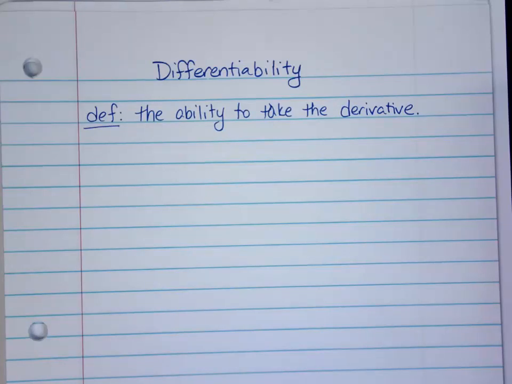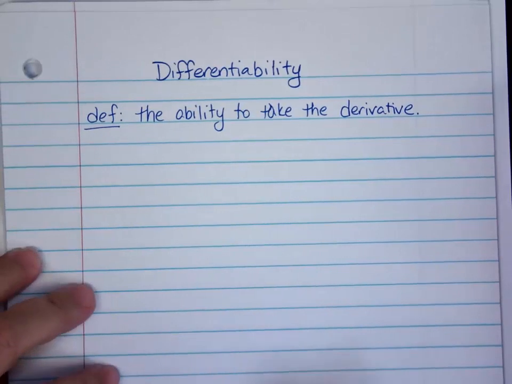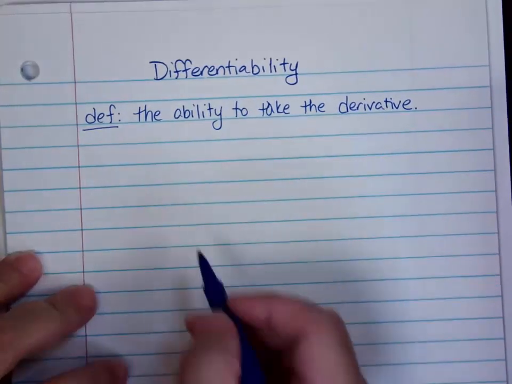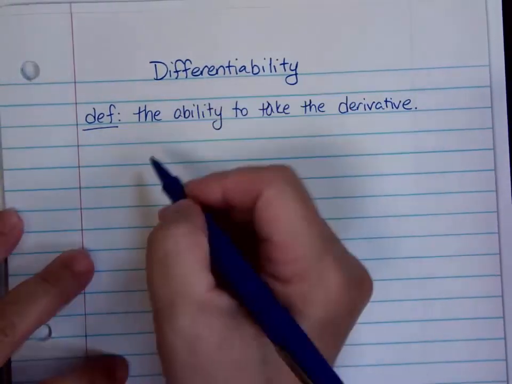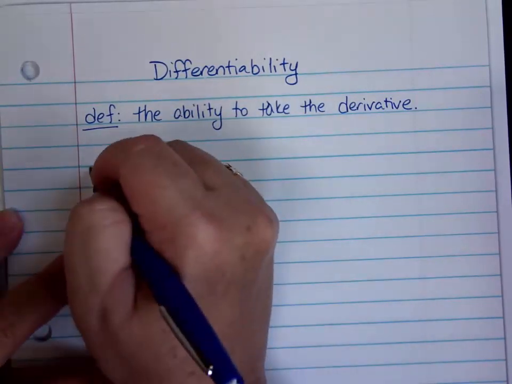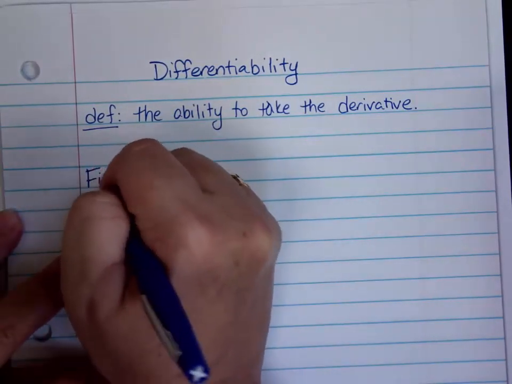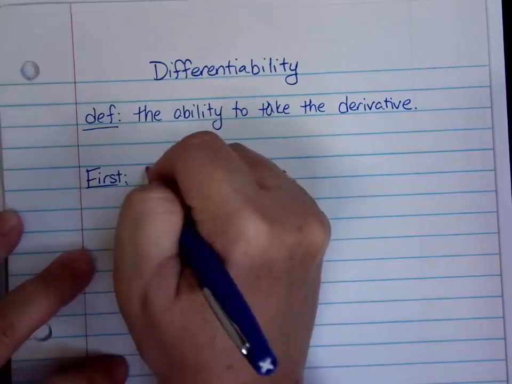So let's build up to what exactly has to be true in order for a function to have a derivative. It's a stair-step process. First, we talked about limits.